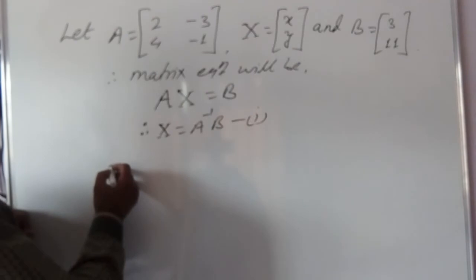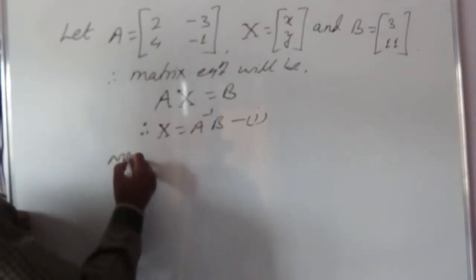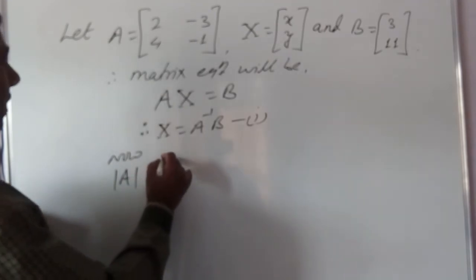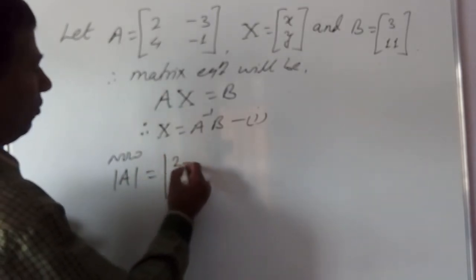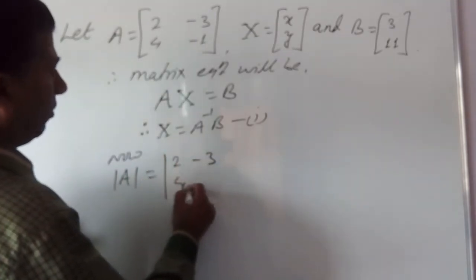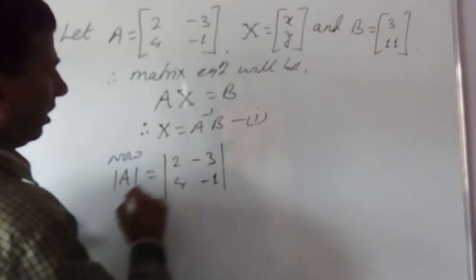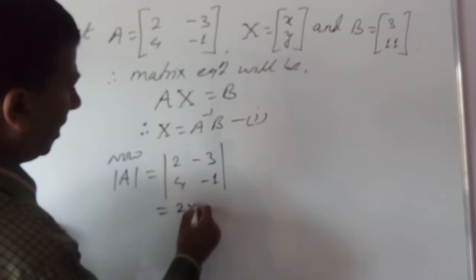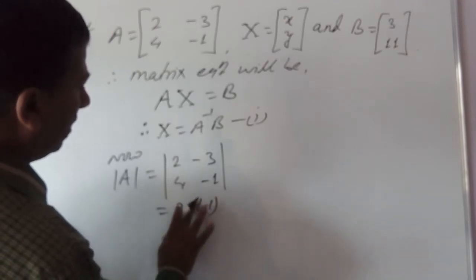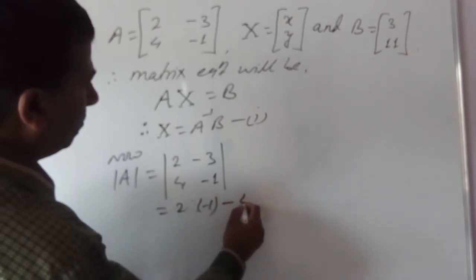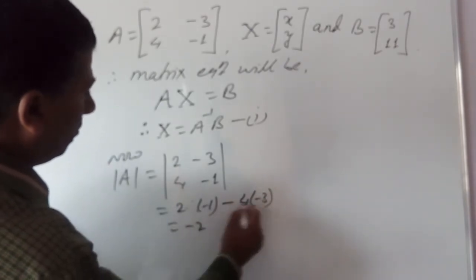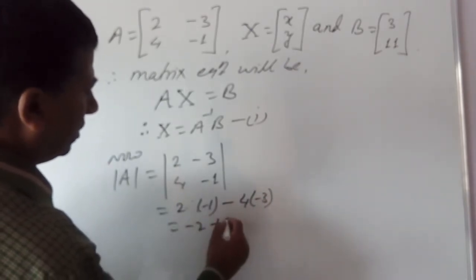Therefore, first of all, the determinant of A, with rows 2, -3 and 4, -1. I am going to find the determinant of this: 2 times -1, minus 4 times -3, that is -2 plus 12.